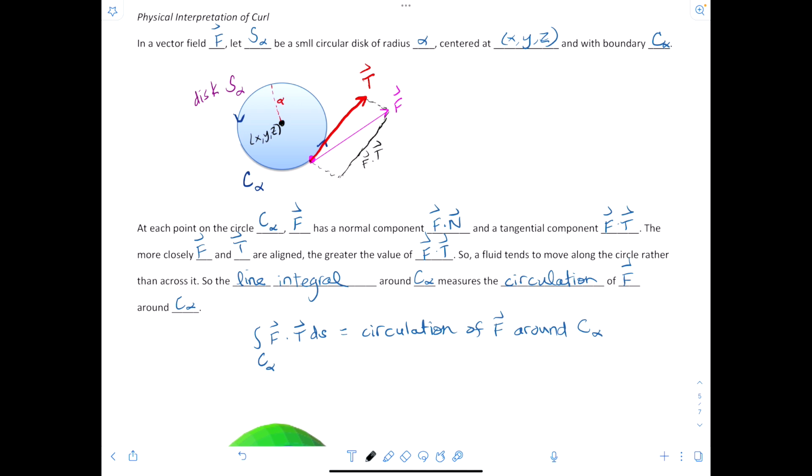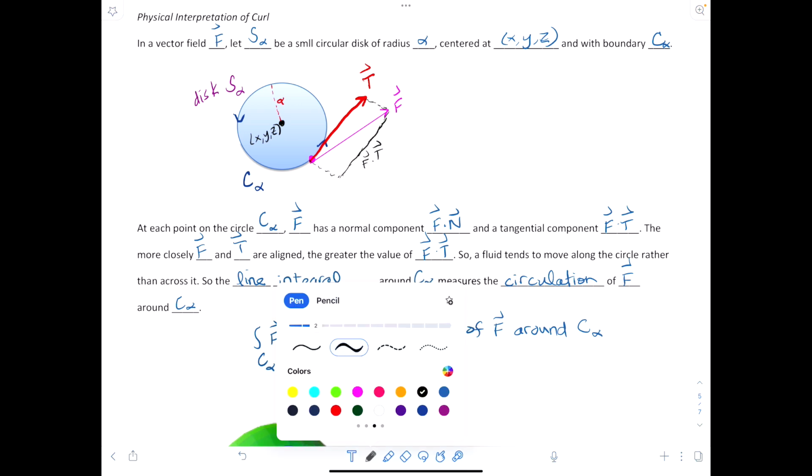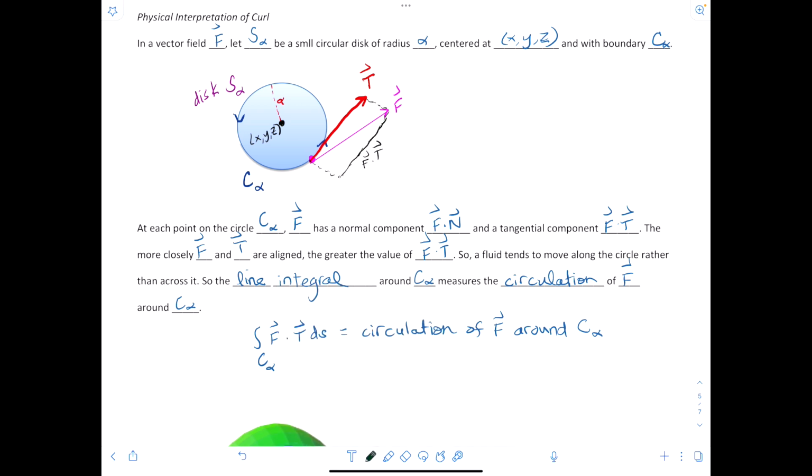And then if we have our normal vector coming out like this. So when we're looking at these tangential and normal components, this is what we're talking about here and here, right?